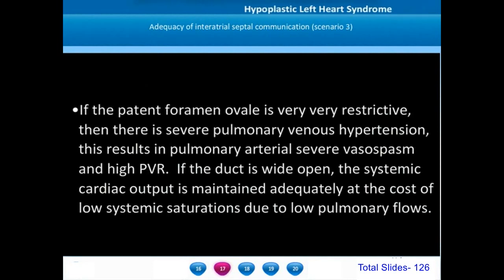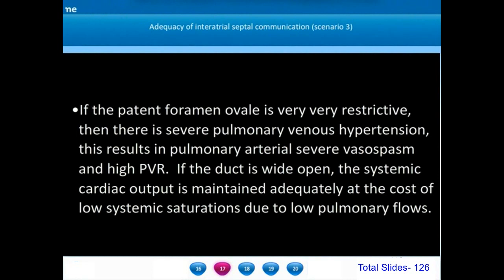On the other extreme, if the patent foramen ovale is extremely restrictive, or in the worst case scenario there is an intact atrial septum, there is very severe pulmonary venous hypertension. This pulmonary venous hypertension results in marked pulmonary arteriolar vasospasm and elevates the pulmonary vascular resistance to very high levels.